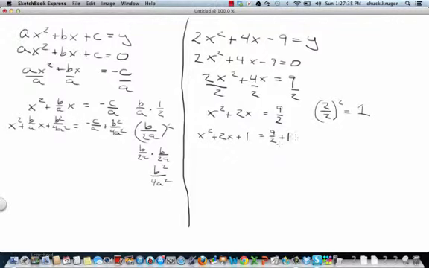Alright, now I'm back to this one, and what I'm going to do here is get a common denominator. 1 is the same as 2 halves, and so I'm going to get 11 halves. And since this is a trinomial square, it can be written as a binomial square.